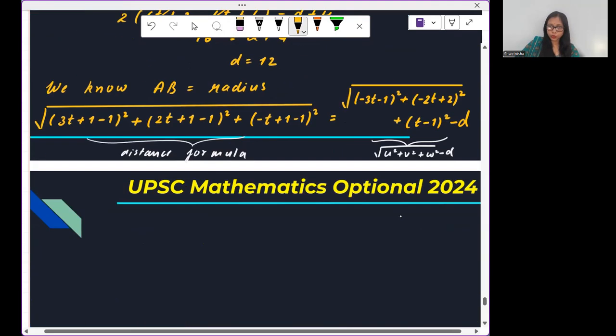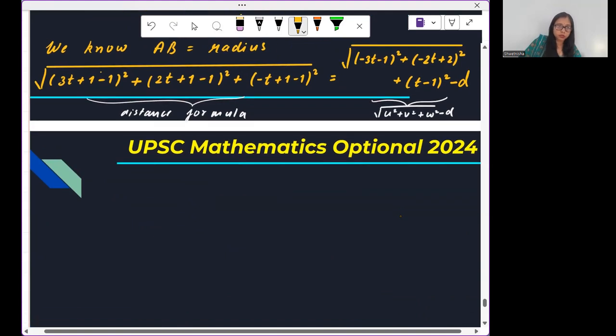The value of d is 12. I'll substitute that. And the plus 1 minus 1 cancel, plus 1 minus 1 cancel, plus 1 minus 1 cancel.